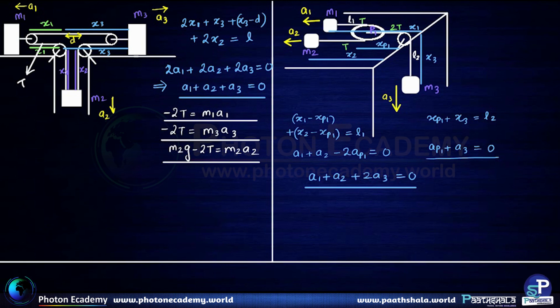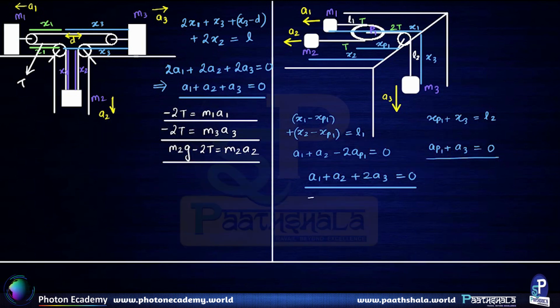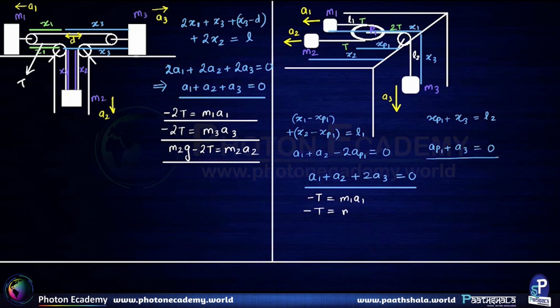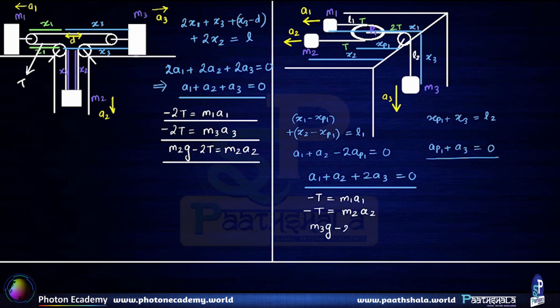So we can write down minus T is equal to m1 a1, minus T also happens to be equal to m2 a2, and for the mass m3 we can write down m3g minus 2T happens to be equal to m3 a3.